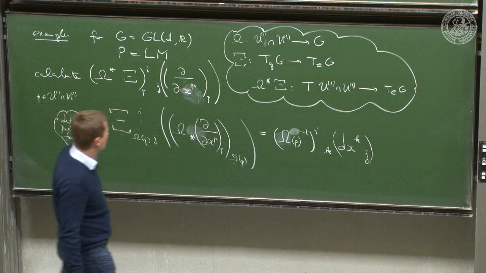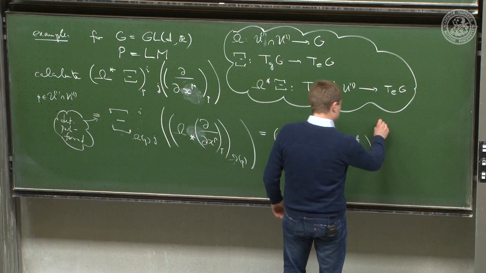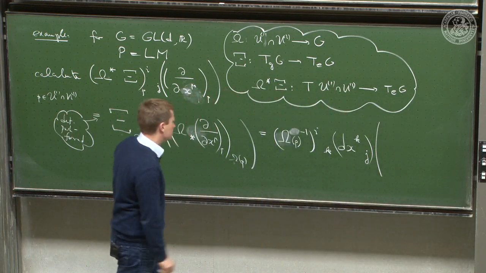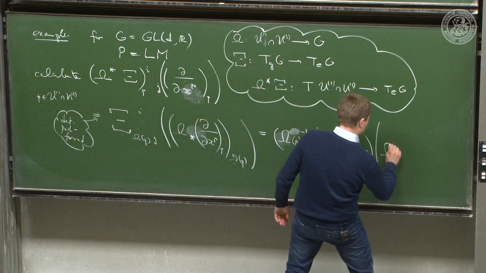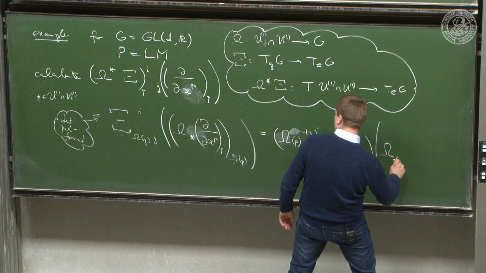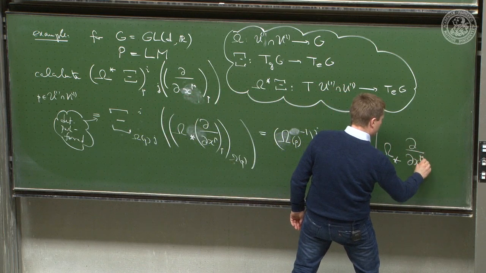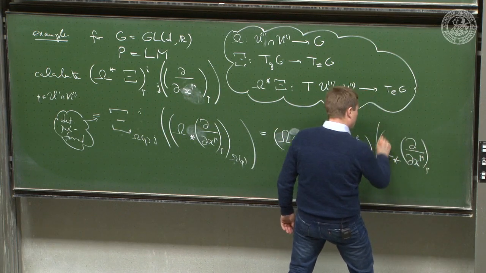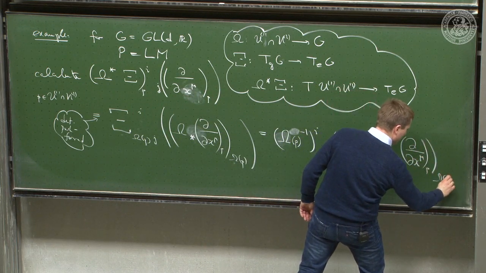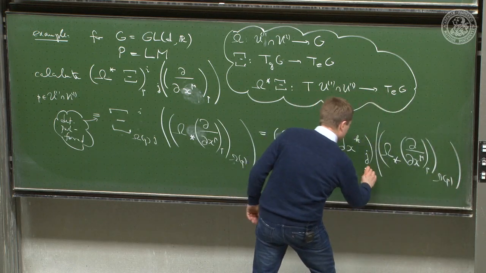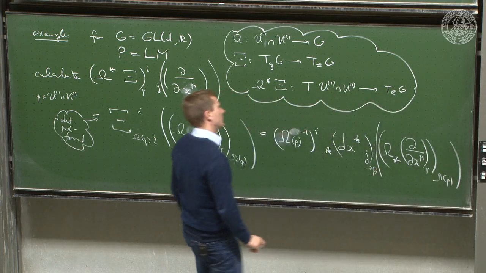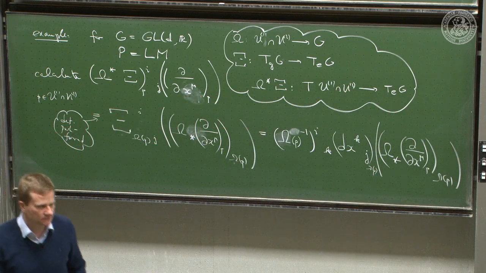Okay? And this guy still acts on this gentleman over here. Nothing changes, so it's the push forward d by dx mu at the point P, but the whole thing is at the point omega of P. And so is this guy. Okay? So far, so good.